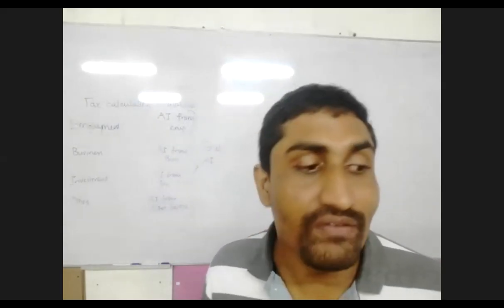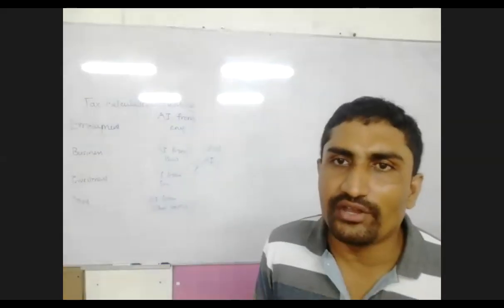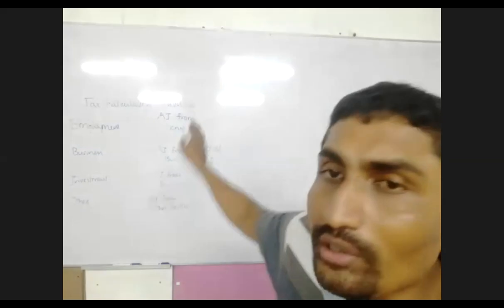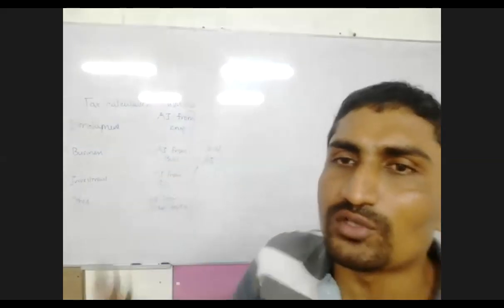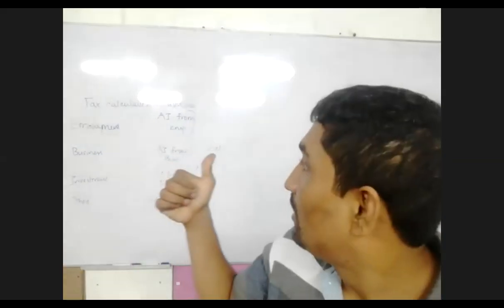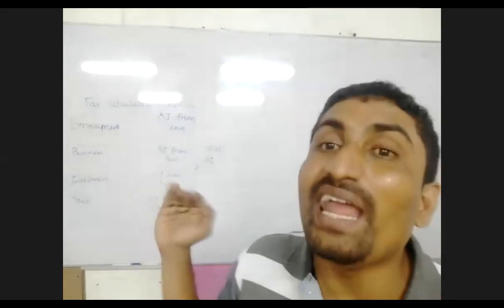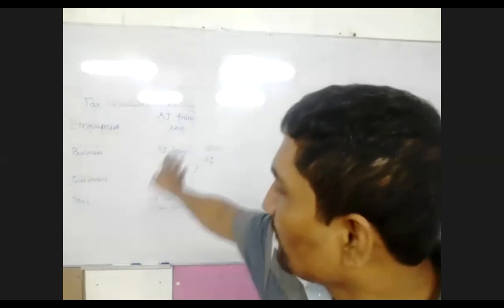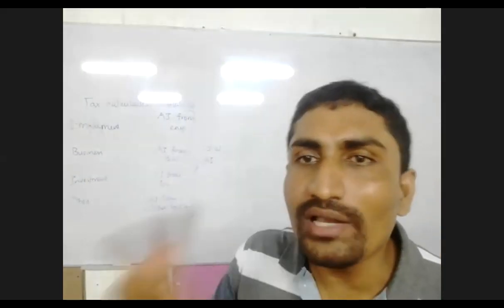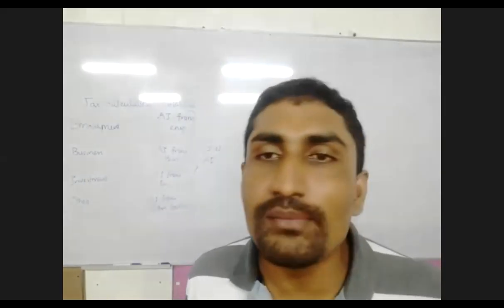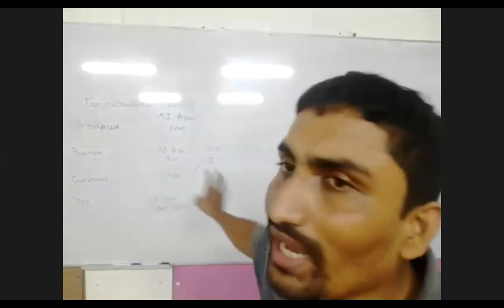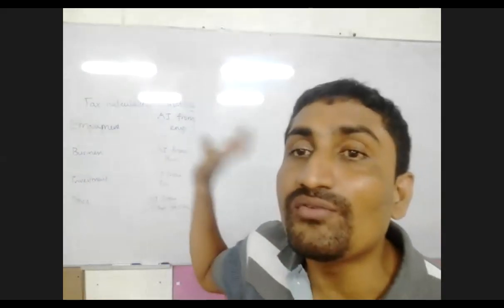And the total of the assessable income from these four sources, that is AI from employment, AI from business, AI from investment, and AI from other sources, is called total assessable income. The total assessable income will be considered for the further calculation of tax.